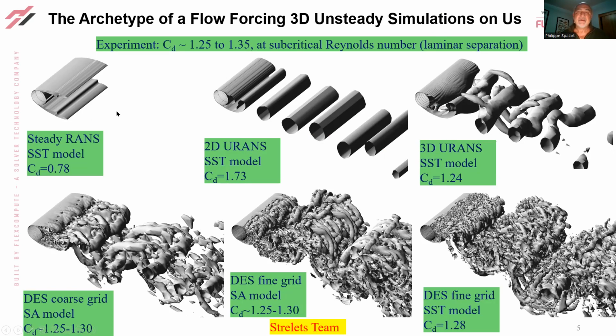So people say, but come on, this flow is unsteady, it has vortex shedding. So you can take the same model, do an unsteady simulation, and you get vortex shedding, and the frequency is good, but the amplitude of the lift is too large, and the mean drag is also much too large. You can do 3D URANS with periodic conditions in the third direction, and you get simulations that look like this.